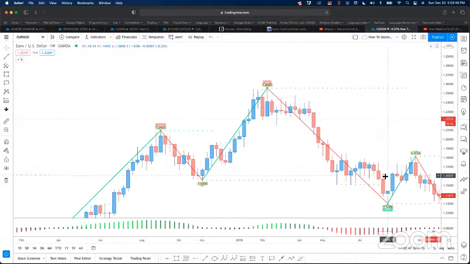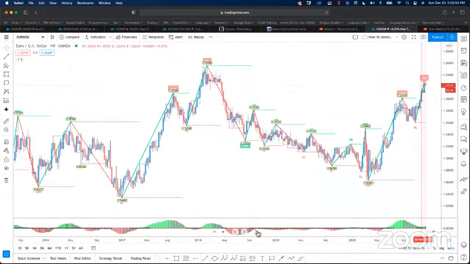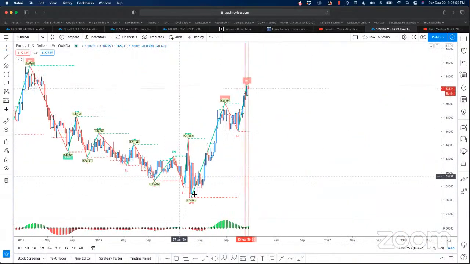Like, if we came on the weekly and do top-down analysis, all we want to see is there's a rejection here and a rejection here, right? But what else do we need to see in between that? Don't we need to know, from a weekly perspective, where we are considering going?